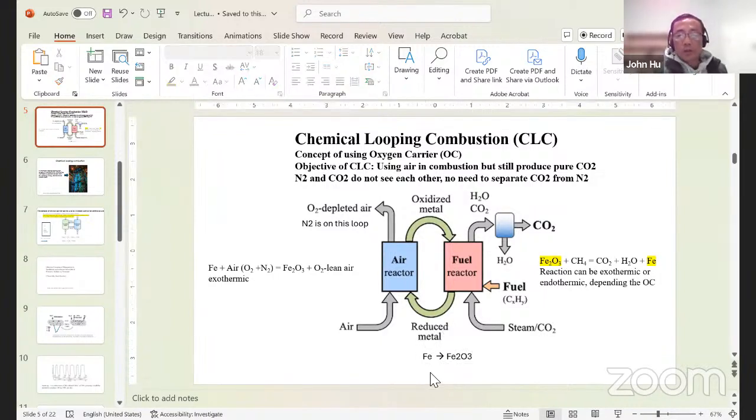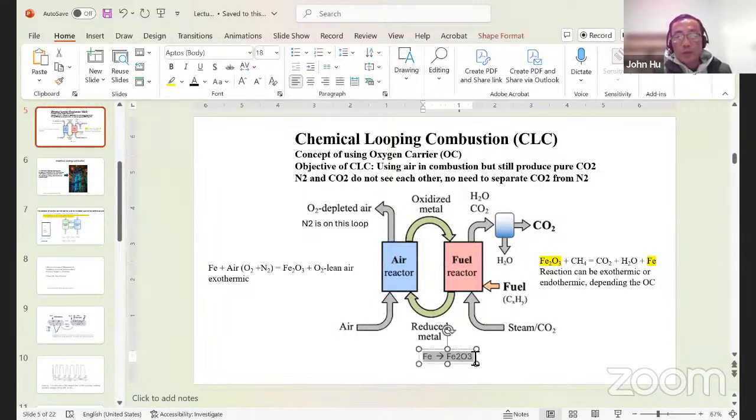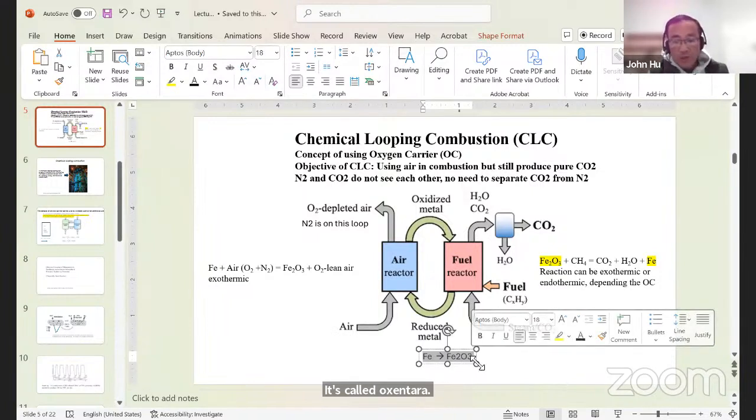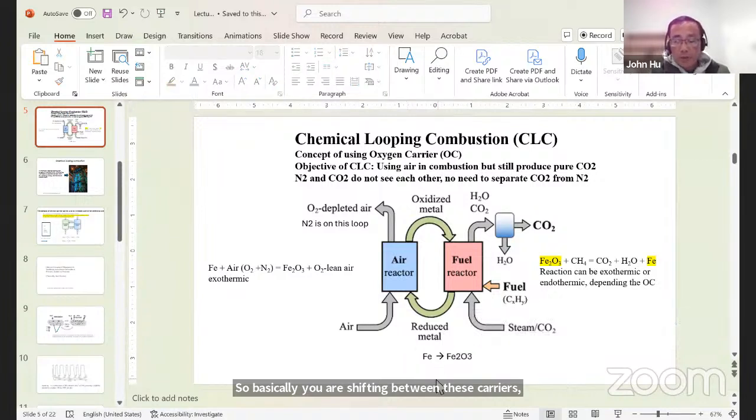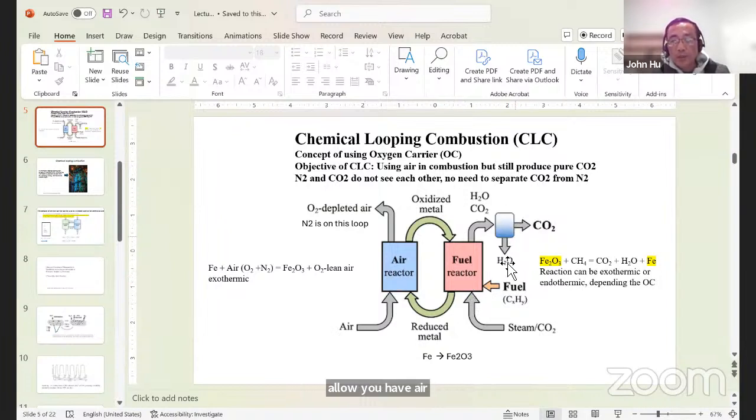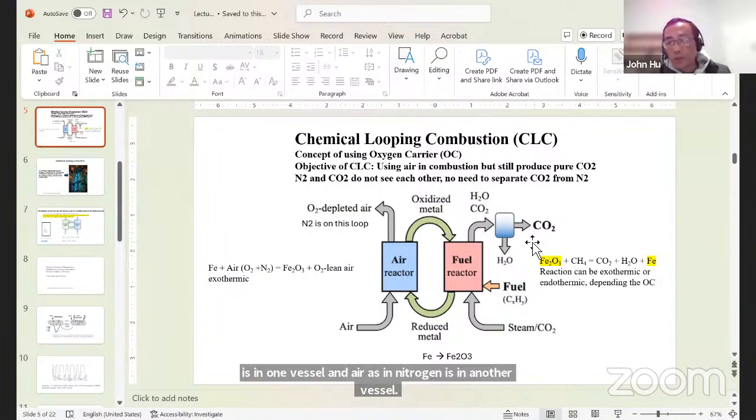It's called an oxygen carrier. So basically you are shifting between these carriers, the different oxidation states. That allows air and CO2 to be segregated. CO2 is in one vessel and air, nitrogen, is in another vessel. So that means nitrogen and CO2 never see each other.